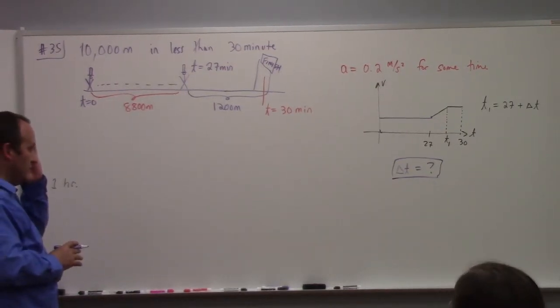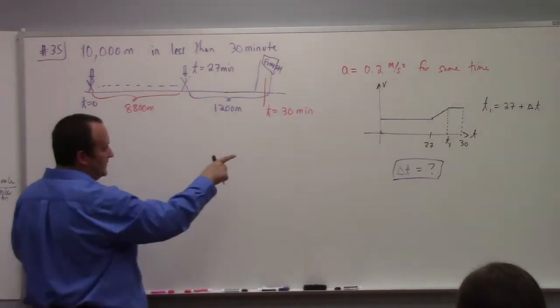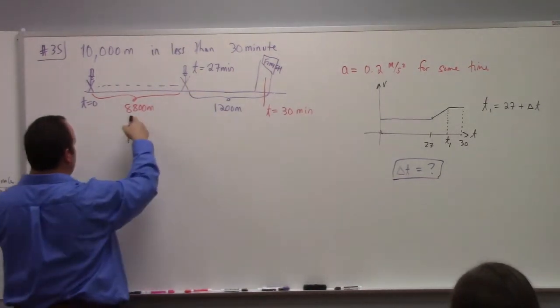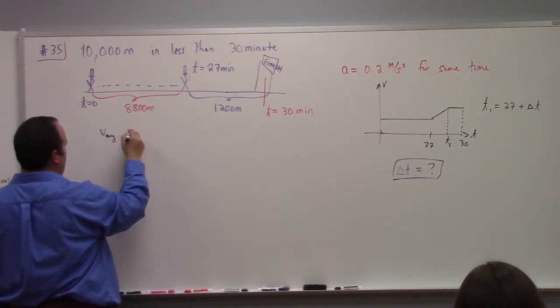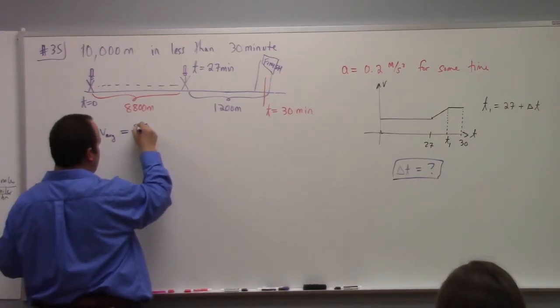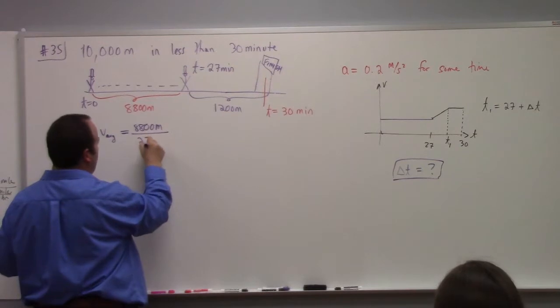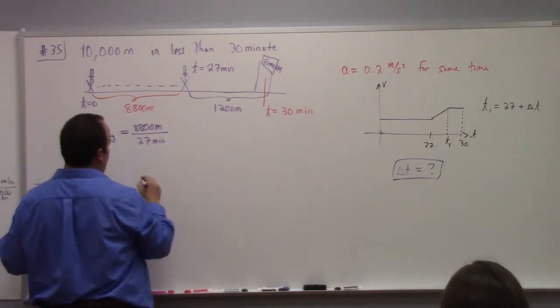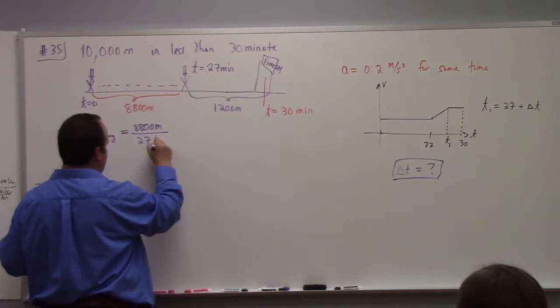So what you said, the average speed over the purple part. What's the average speed here? The average speed for the first 27 minutes would be 8,800 meters divided by 27 minutes, right? Meters per second, so 27 times 60 seconds.